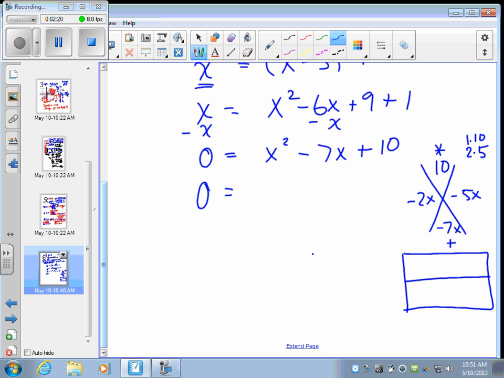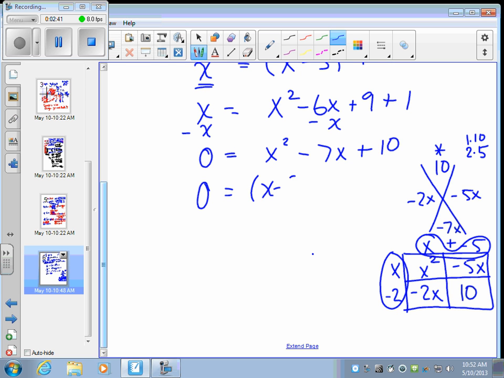I like to draw this rectangle and think this has to be x squared, this has to be 10, and then there's going to be a negative 5x and a negative 2x. So if I'm looking for those dimensions, x minus 2 and x minus 5 will work. That tells me that my two factors are (x minus 2) times (x minus 5).